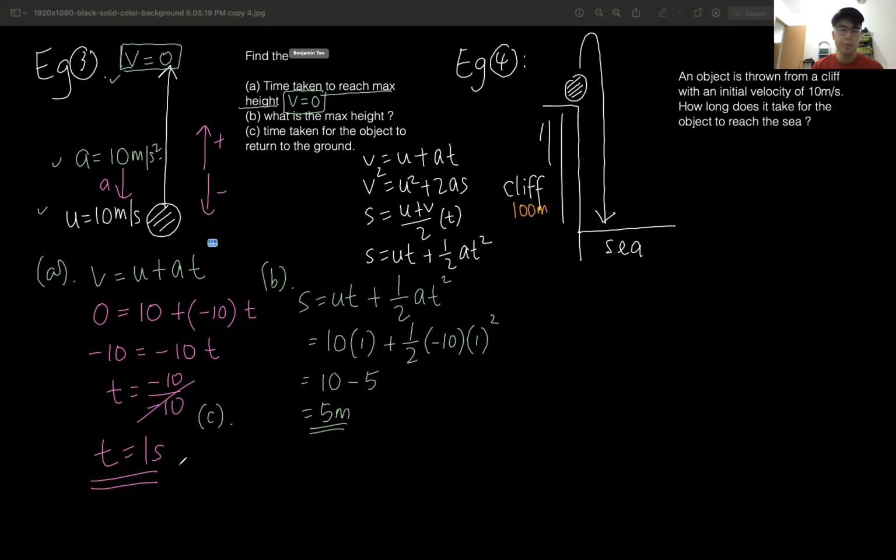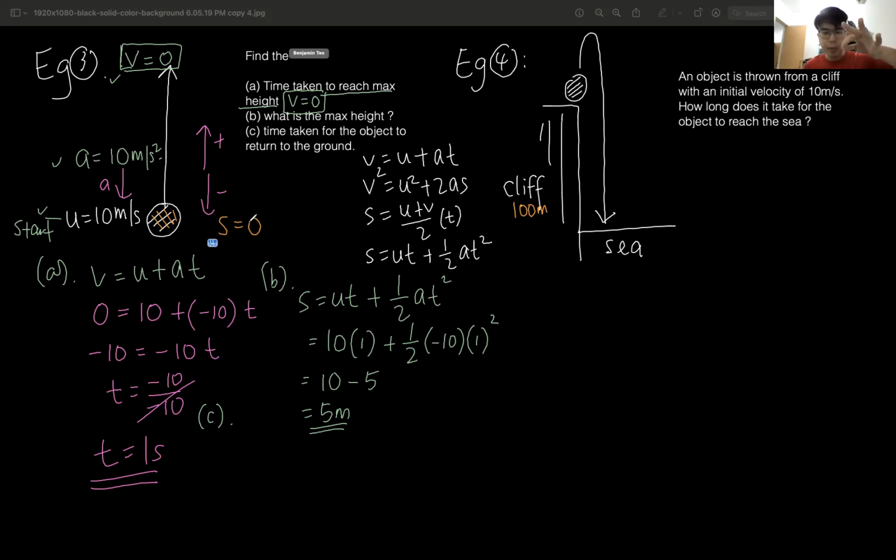Time taken for the object to return to the ground. Now, 你看啦，我从这边丢上去，然后回来，我的 displacement 是多少？我从这边丢，这边是 starting, travel upward, downward, same position, come back. So the displacement is 0.